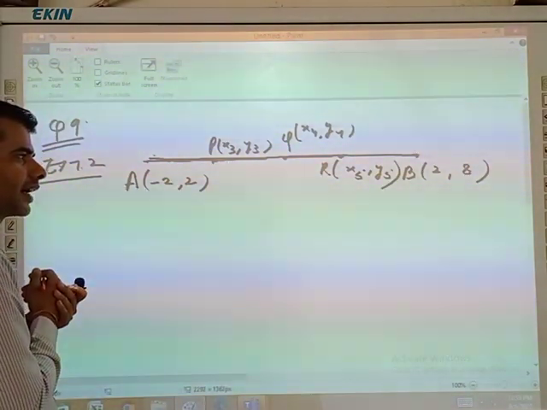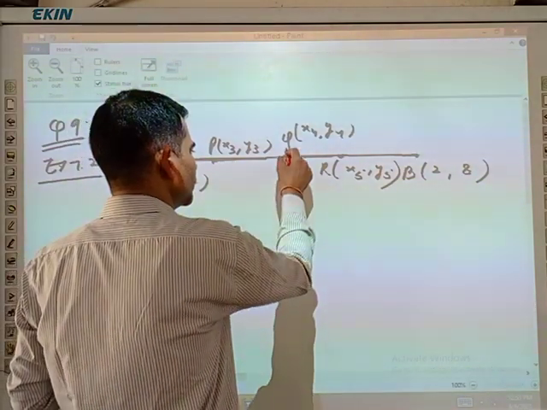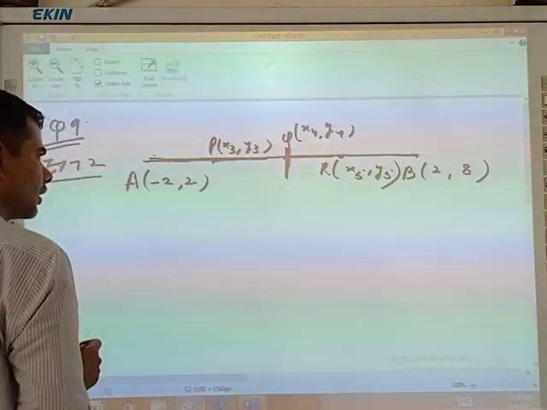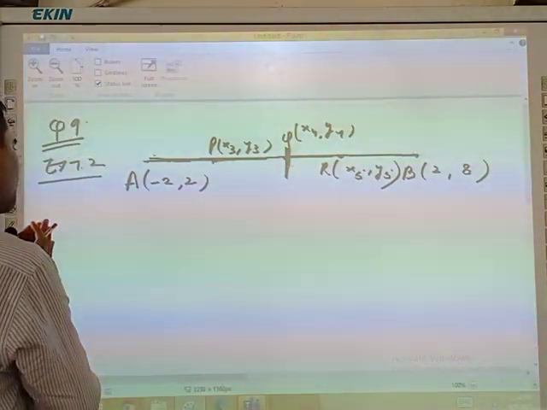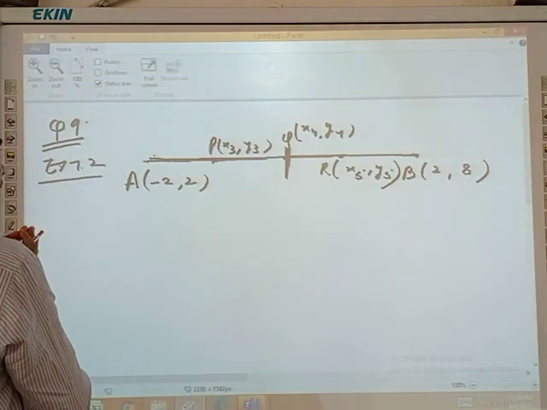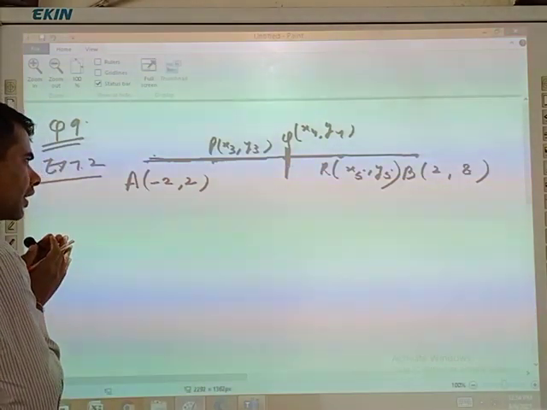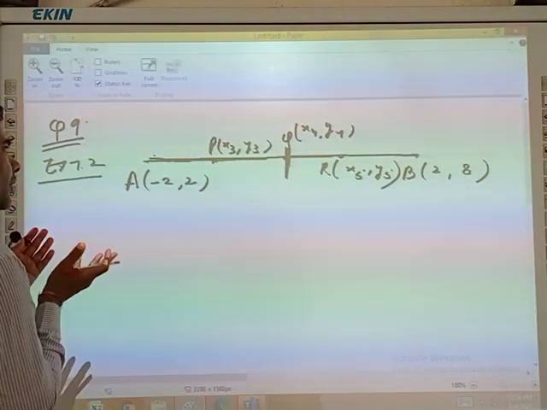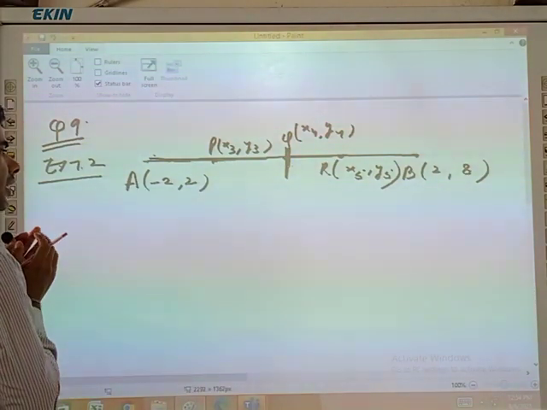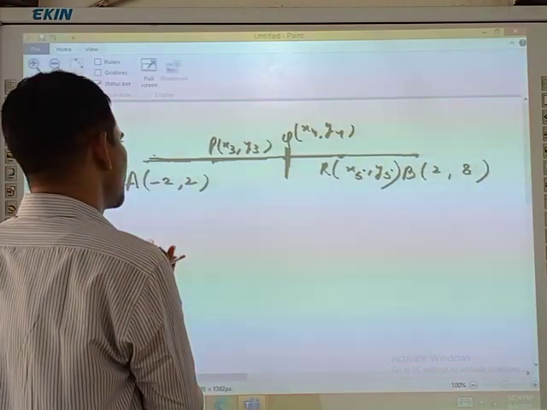And the second method is that first of all we will find out the coordinate of point Q. Q is the midpoint of AB. Midpoint formula हम apply कर सकते हैं, and we will find out the coordinate of point Q. Then P is the midpoint of AQ, so the ratio of AP and PQ is 1:1.